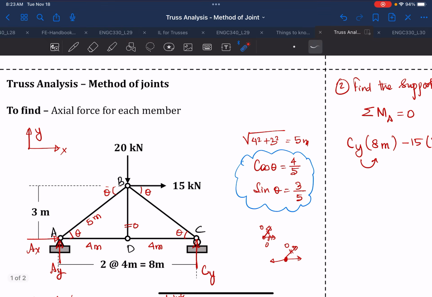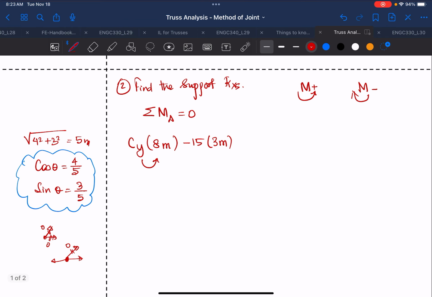And then lastly we have this force. This is our perpendicular distance, so it will produce a clockwise moment, that's why it's negative, so we have negative 20 times 4 meter, equal to 0.